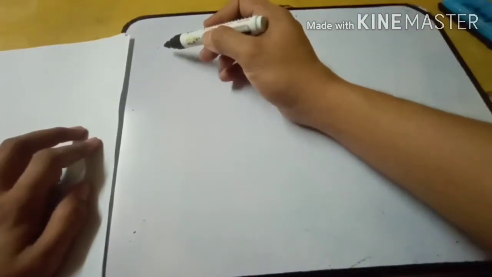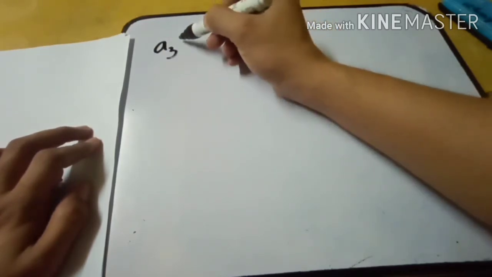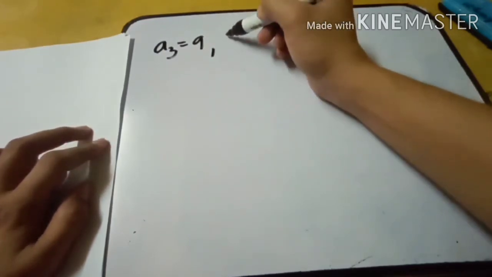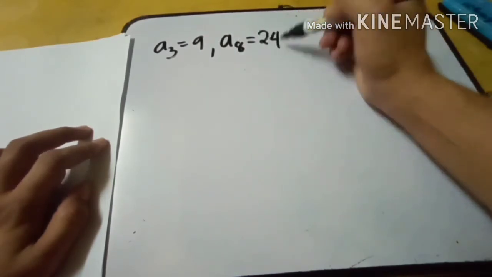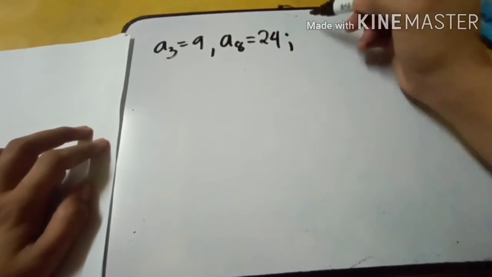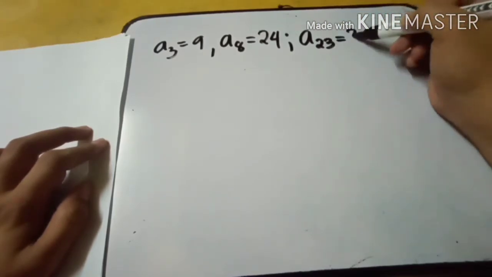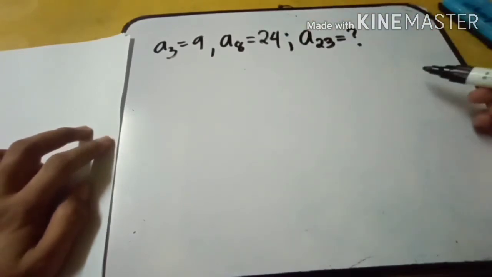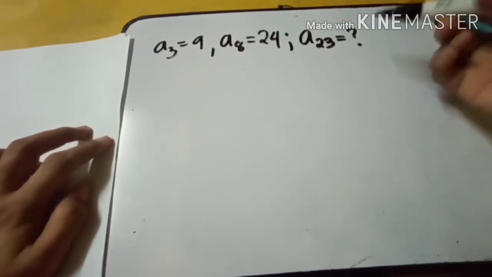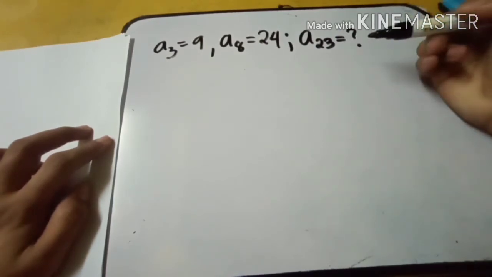How about this one? Let's try this example. Let's say we have a sub 3 is equal to 9 and a sub 8 is equal to 24, and our task is to find the value of a sub 23 or the 23rd term of this sequence. So it looks pretty hard in dealing with these examples, am I right?